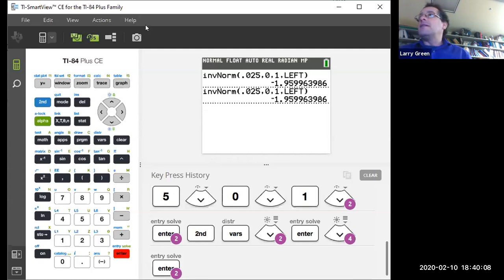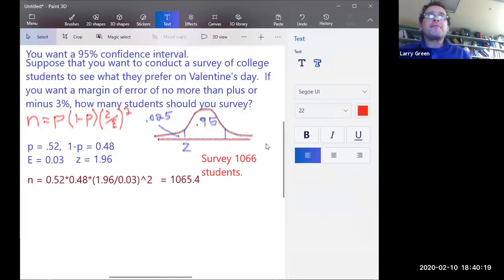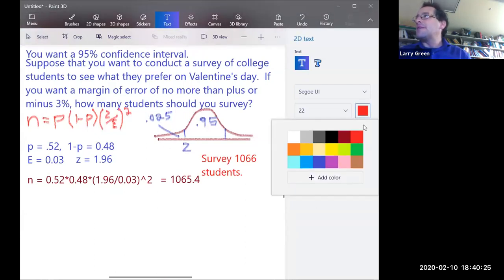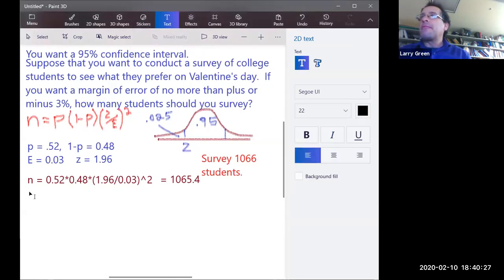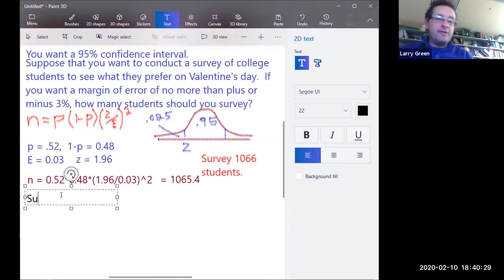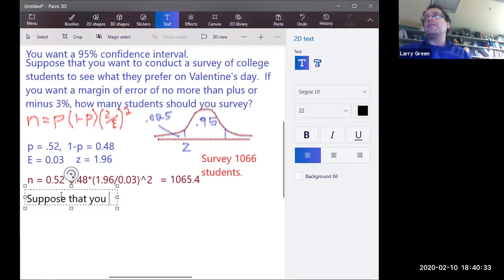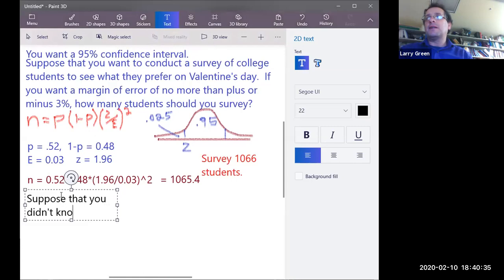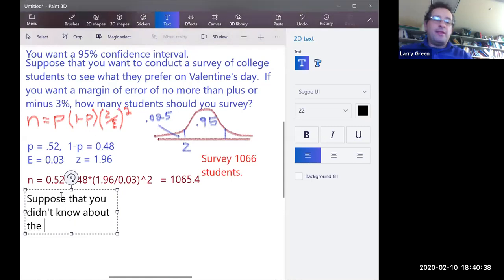Okay, so now comes the answer to Pooja's question, but I need to finish this first. Okay, so next question. How about a different color? How about black? Suppose that you didn't know about the other survey.